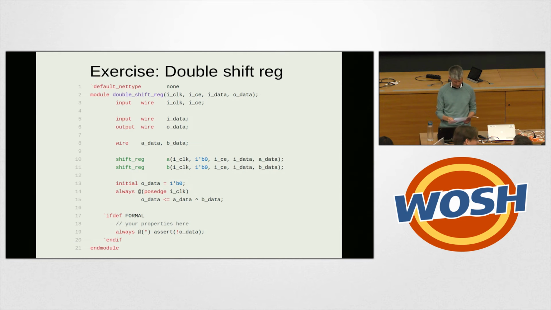So let's have a look at what happens with the double shift register. We predicted that this was going to pass the bounded model check, and it did. So now, what do you predict will happen when we run it with K induction? Will it pass or fail?